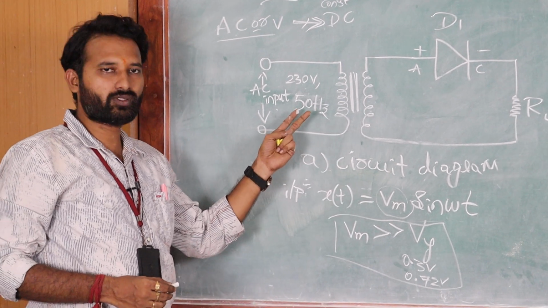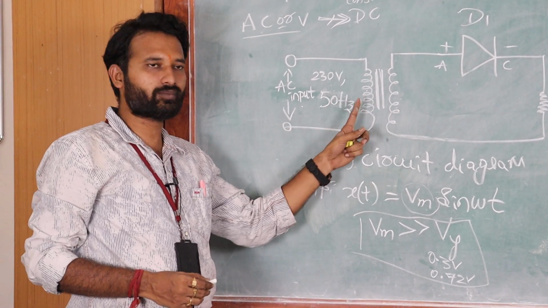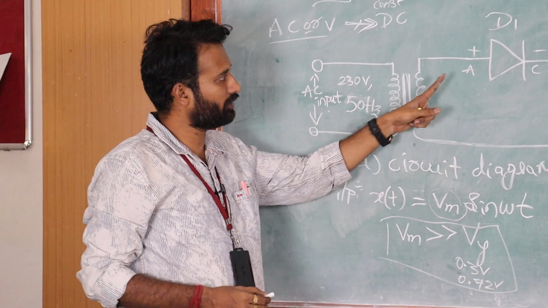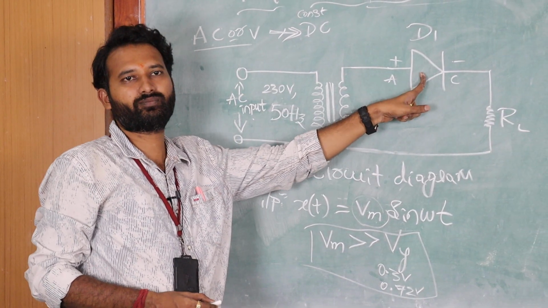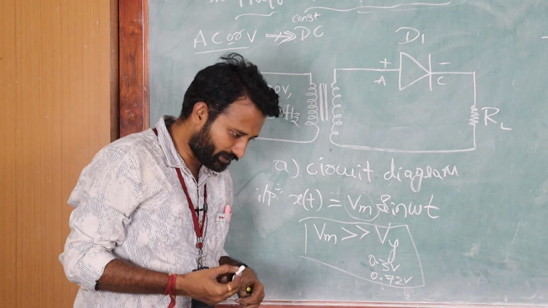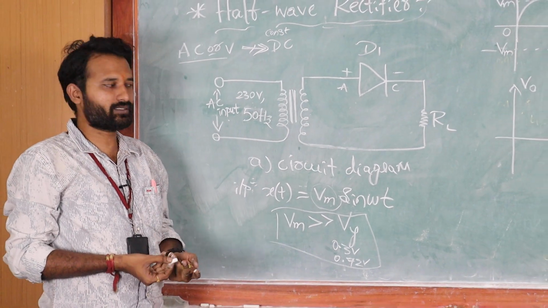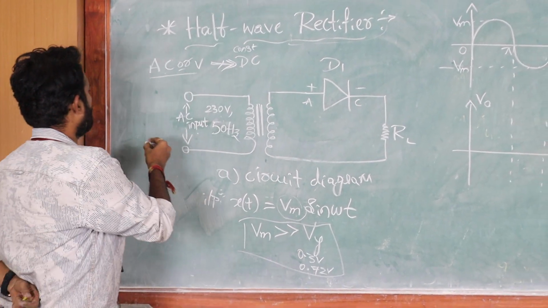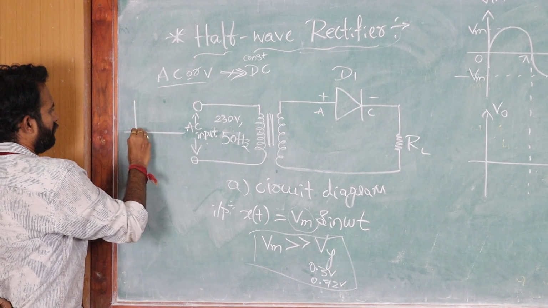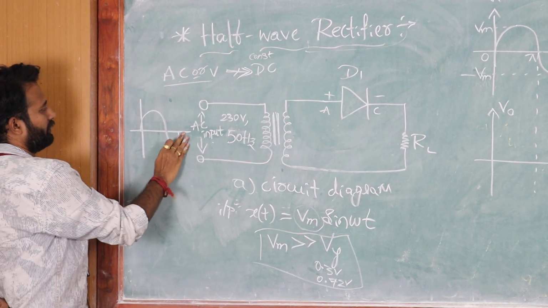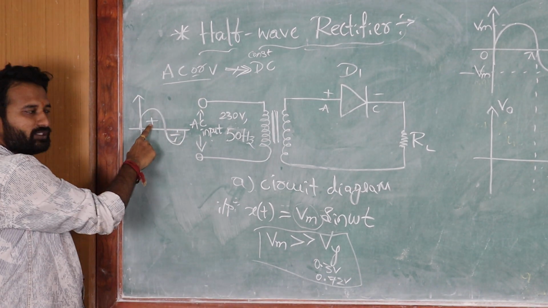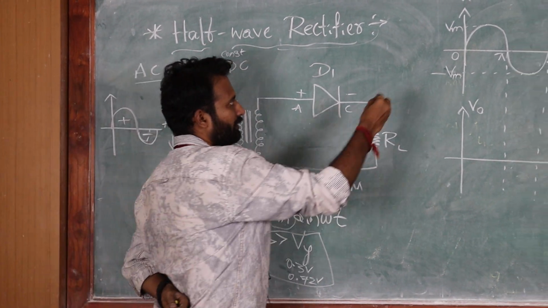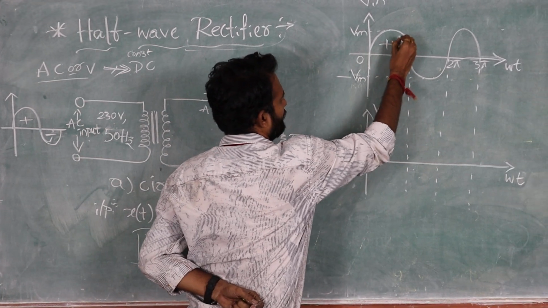Now let me explain the operation. The circuit diagram consists of a step-down transformer, a diode, and a resistor across the diode. Now let us consider two cases. The first case is the positive half cycle.